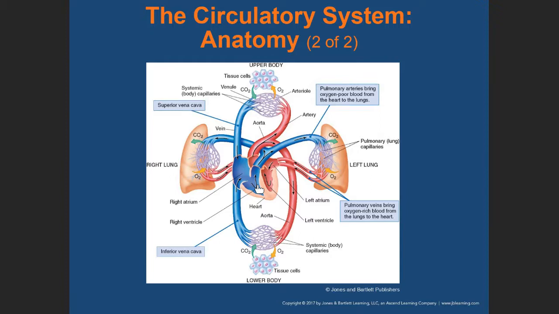Sir, may I say, right atrium. Right atrium. Okay. Mr. Terrell.